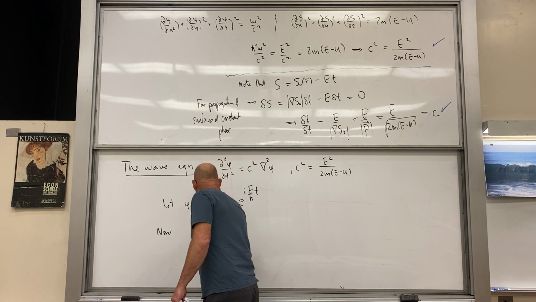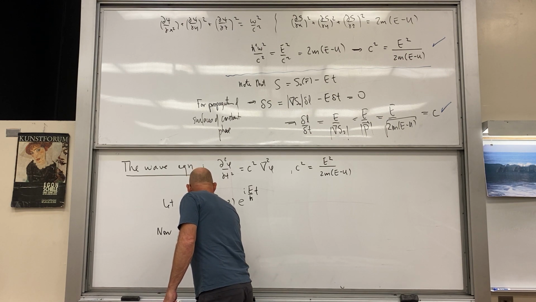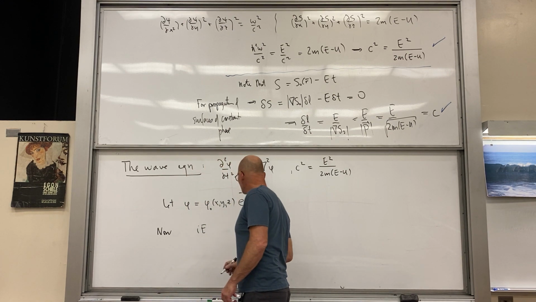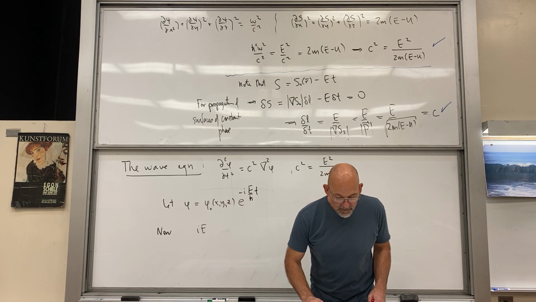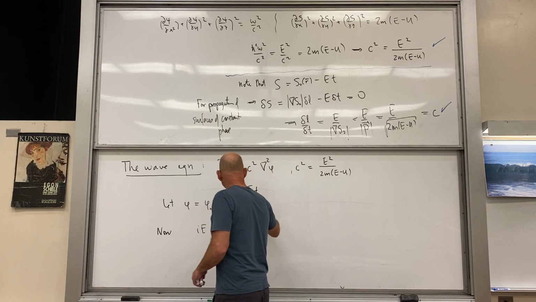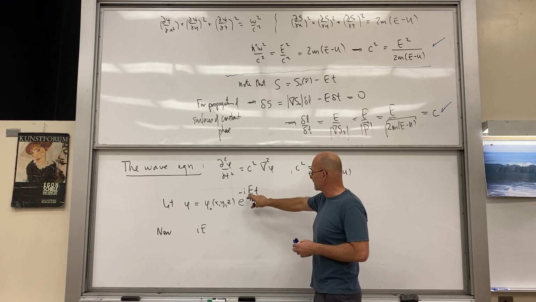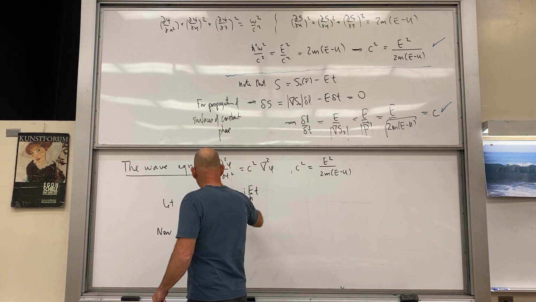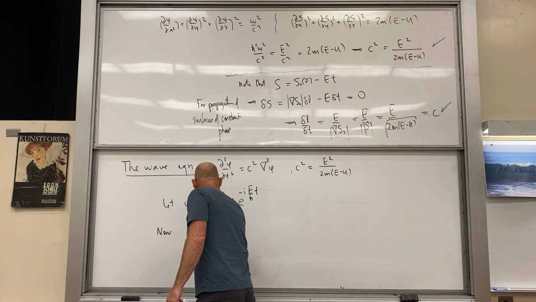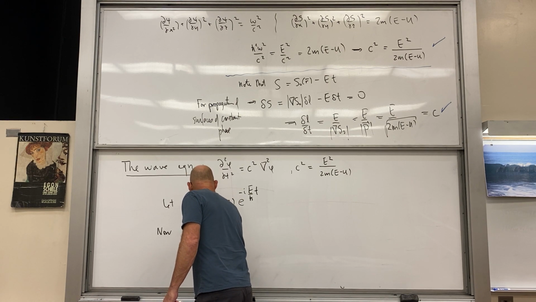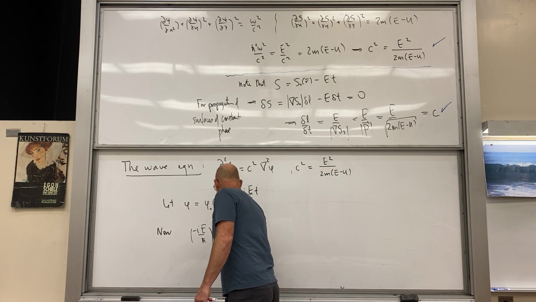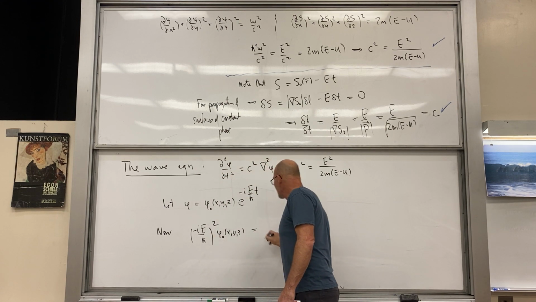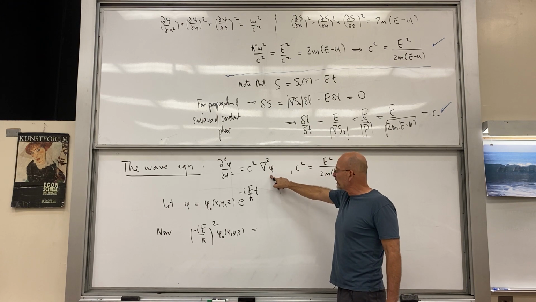So for the left side here, we have minus i, I'm pretty sure here, because when you factor off kx minus omega t, for the time derivatives we get minus i E over h bar, squared for the two time derivatives, times phi naught of x, y, and z, is going to equal c squared del squared phi.